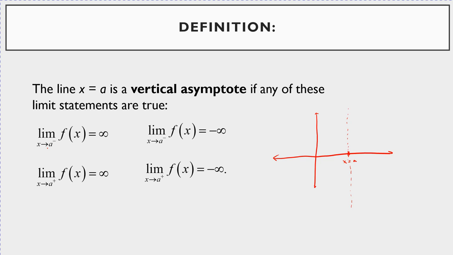If you go to a from below, so from the left, and your function increases without bound, goes to infinity, or decreases without bound, or the flip side, as you go from the right, it increases or decreases without bound. So the limit as x goes to a increases or decreases without bound, you have a vertical asymptote. That's what we're saying with the calculus here.